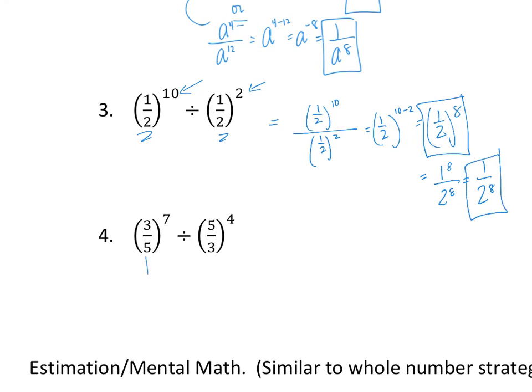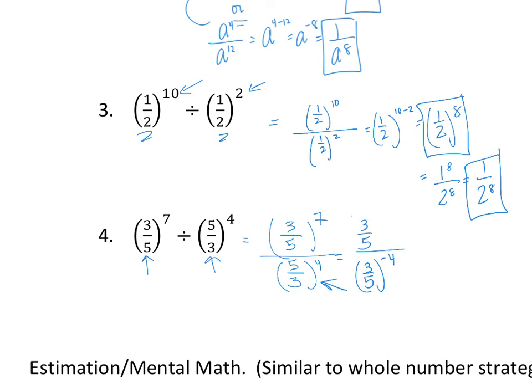For part 4, I noticed that 3/5 and 5/3, it's almost the same as the last problem, like if I try and rewrite it. But 5/3 is the reciprocal. So what I could do is say, well, this could really be rewritten as 3 over 5 to the -4 power.